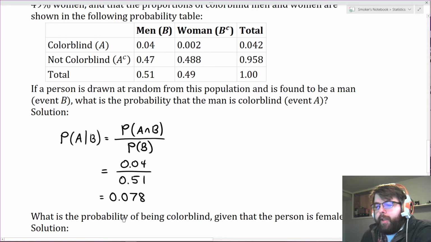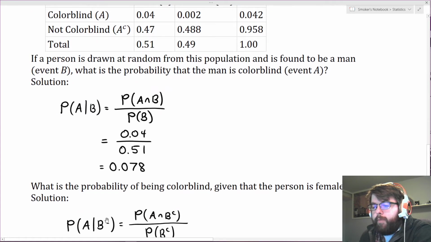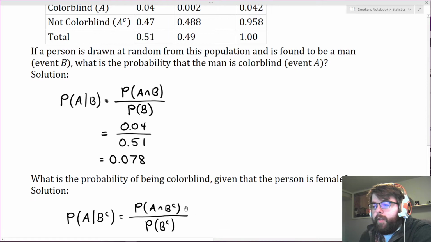Okay, so another part of the same example. What is the probability of being colorblind given that the person is female? The condition is that they're female. So this is going to be the probability of A given B complement, because we're using the complement of B to indicate females. If you're not male, you're female.